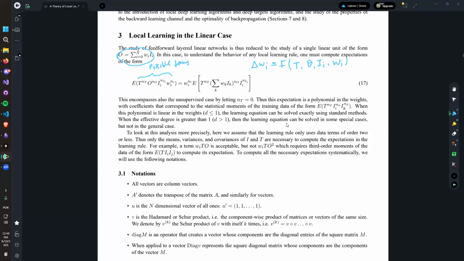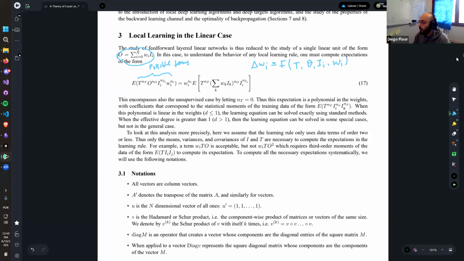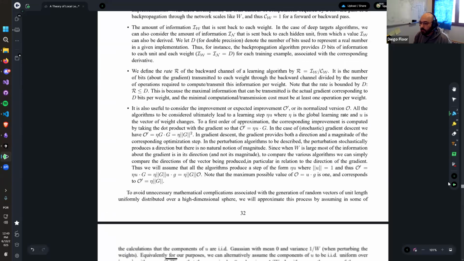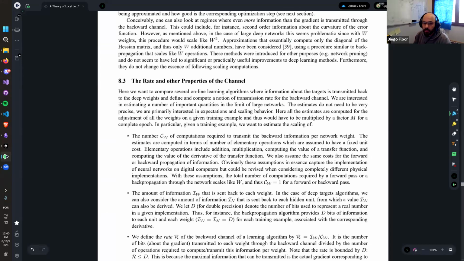I think that would be useful. Yeah, they actually have a theorem proving this. I could not find it because it was buried in the middle, but it is equivalent to deep targets. So it's not a local rule. It's a middle ground between local and global.